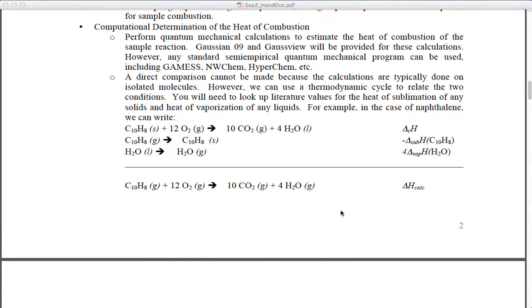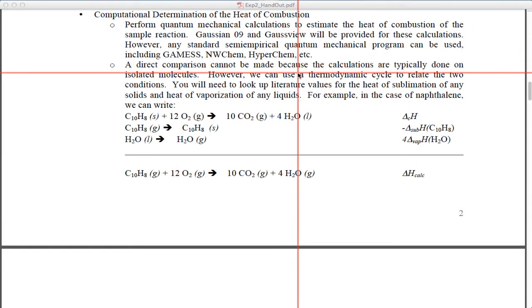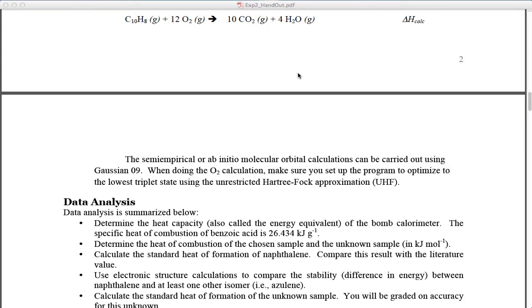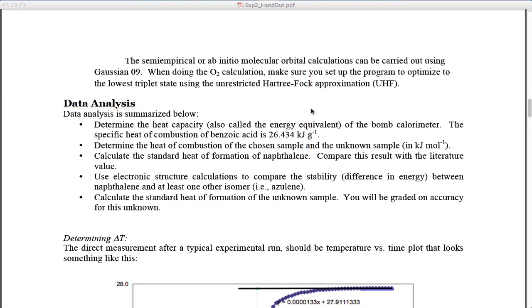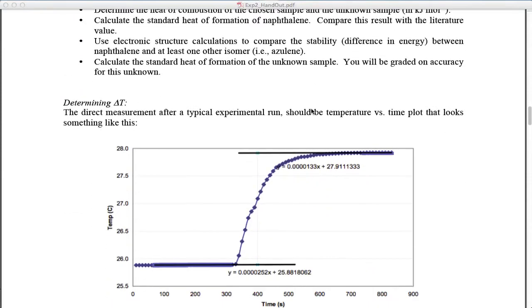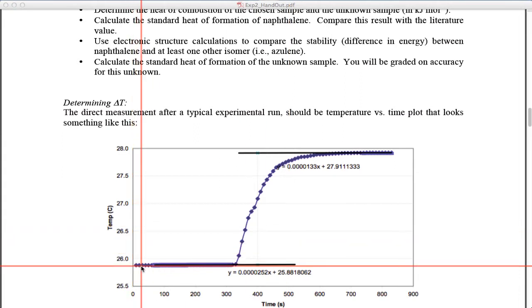I'm also going to follow this up with a screencast on doing some Gaussian and talk about these other calculation programs. And then in the third week, you're given a week for data analysis, and a lot of the time in data analysis is used to make sure you determine an accurate delta T. So when you do this combustion experiment, you have your bomb sitting and you're measuring a temperature with a thermocouple, and then you ignite the system to start the combustion.